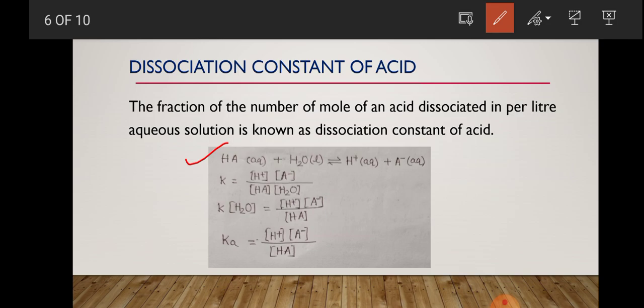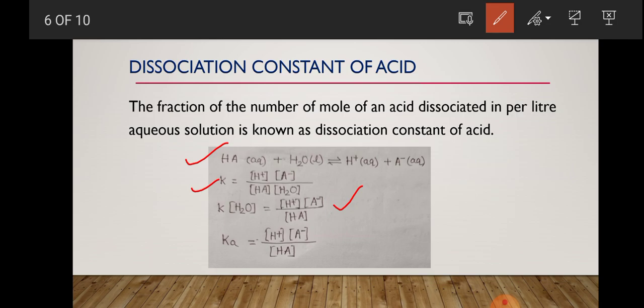and according to the law of mass action we can write Kc equal to hydrogen ion concentration into concentration of A ion divided by concentration of HA into concentration of water, and K into concentration of water equals concentration of hydrogen ion into concentration of A ion divided by concentration of HA.